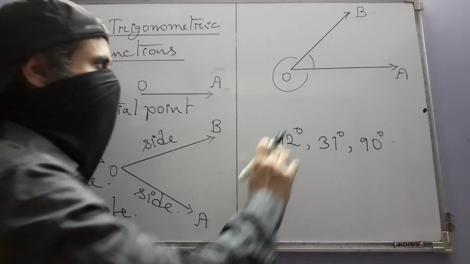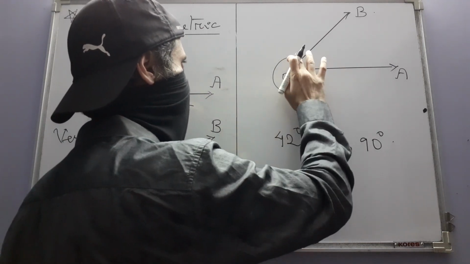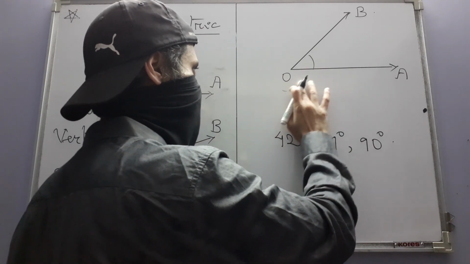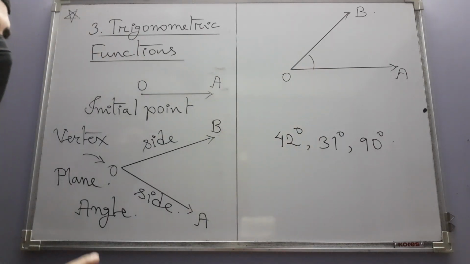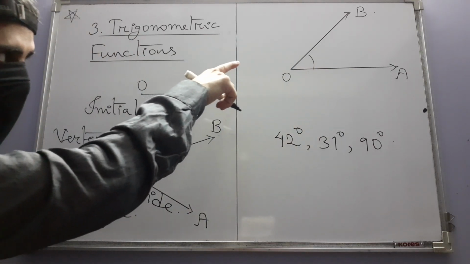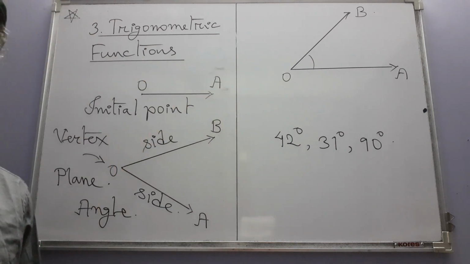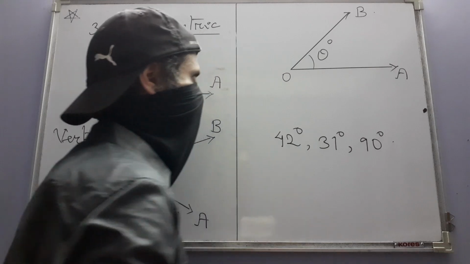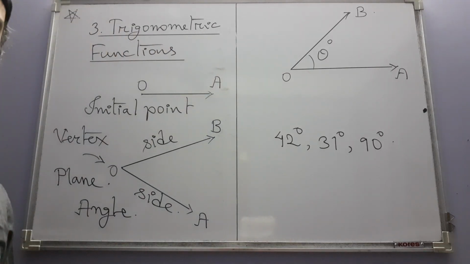So here we are considering this one. In other words, we do have the geometric figure which we are calling angle here, but along with that we also have that angular measure, say theta, and let us take the unit to be degree. We already know what degree unit is.